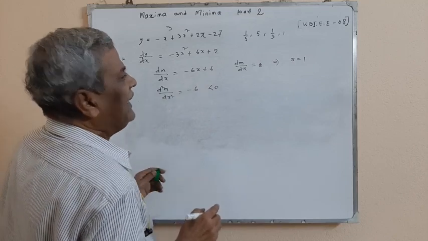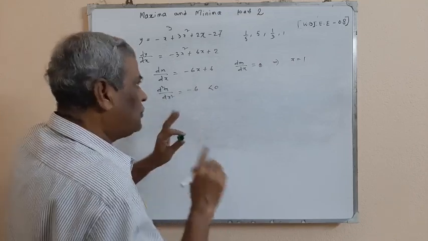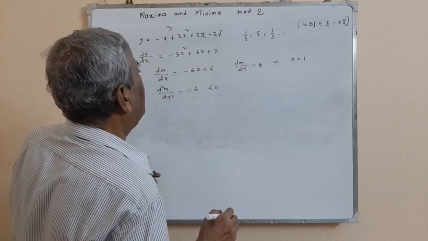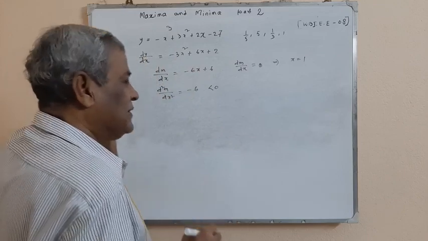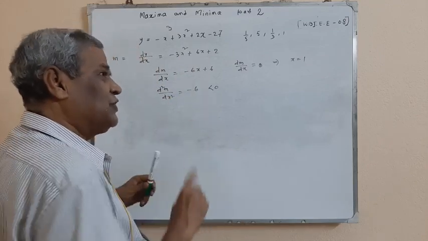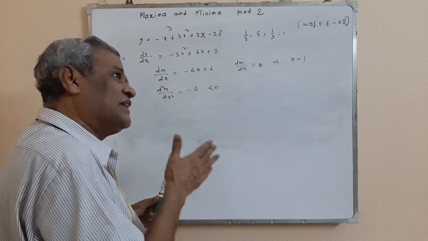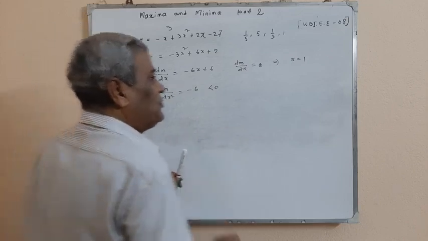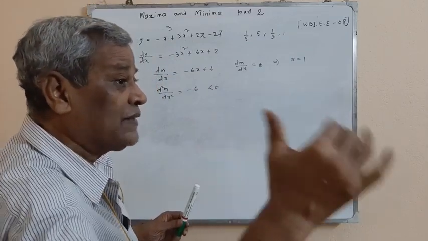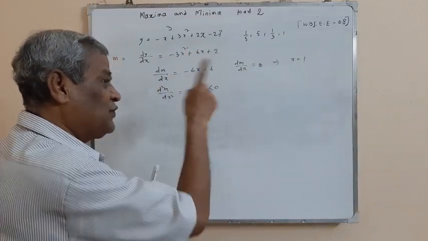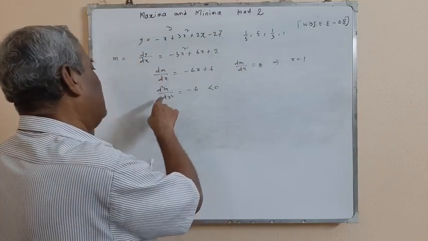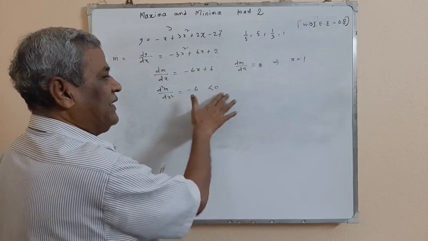So first of all, we see that x is equal to 1 is the critical point, that is the function is maximum or minimum if exists, that is at the point x is equal to 1, not other points. So x is equal to 1 is the critical point. And now we see that its double derivative is negative there.